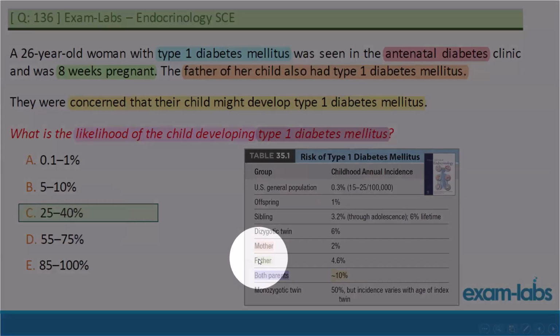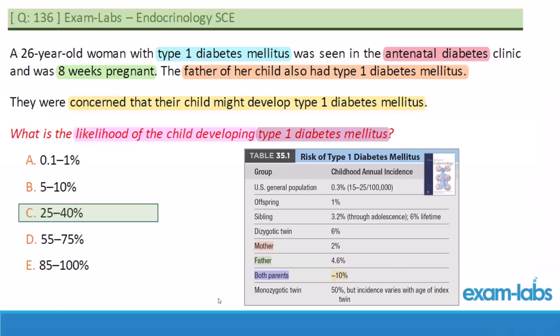But otherwise, I will answer it according to Williams, 10%. So it is very important to know this discrepancy between the references, and to answer the question according to the time of the exam. So at least you need to know this.